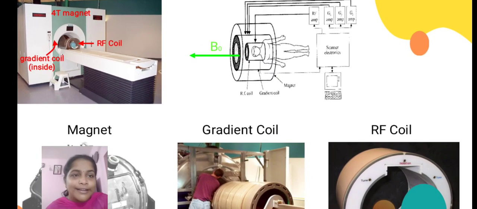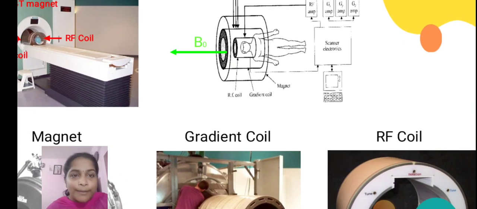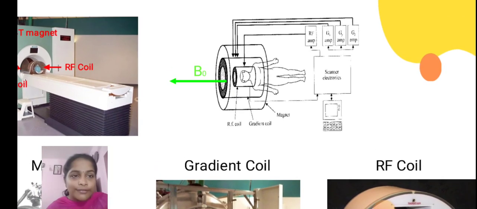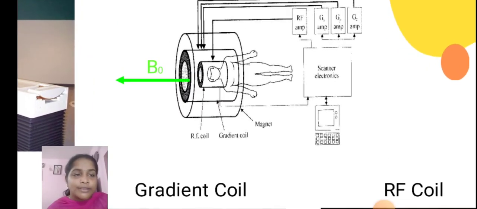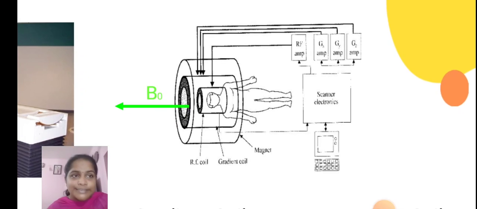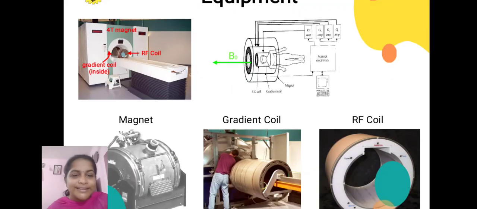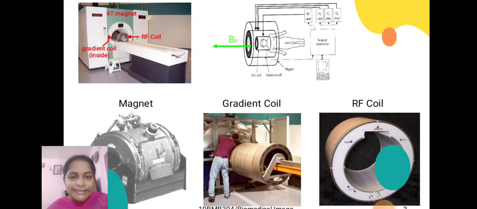We have our magnetic field B naught, RF coil, gradient coil, and a permanent magnet. In the scanner electronics, we have input and output devices, and also amplifiers to enhance the signals. The first one is the magnet, the second is our gradient coil, and the third is our radio frequency RF coil.